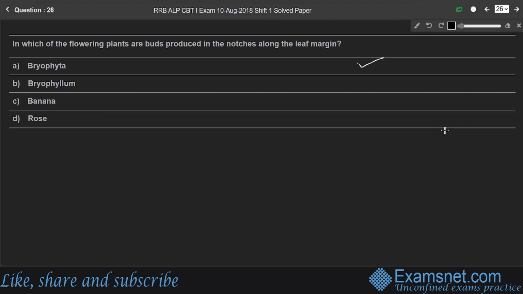Question 26. In which of the flowering plants are buds produced in the notches along the leaf margin? So here in bryophyllum, buds are produced in the notches, right? Buds are produced in the notches along the leaf margin, right? So here the word bryophyllum is derived from two Greek words, bryon and phylon.